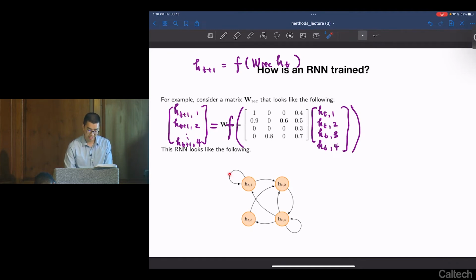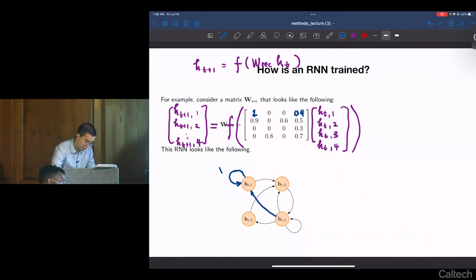And that corresponds to this self-connection. So this value 1 corresponds to this connection here. For neuron 1 at time t plus 1, it also gets 0.4 times h of t,4. So this 0.4 tells me that h of t,4 has a weight that goes to the first unit and the value of that weight is 0.4.